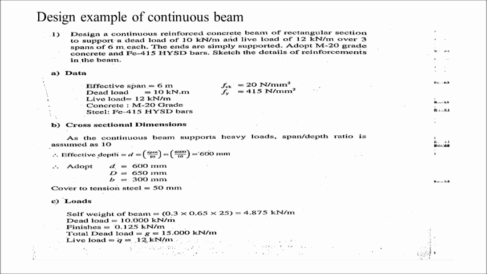Second step, cross sectional dimensions. As the continuous beam supports heavy loads, the span by depth ratio is assumed as 10. Effective depth d is equal to span by 10. If we take the effective span as 6000 millimeters, then 6000 millimeters by 10 is equal to 600.